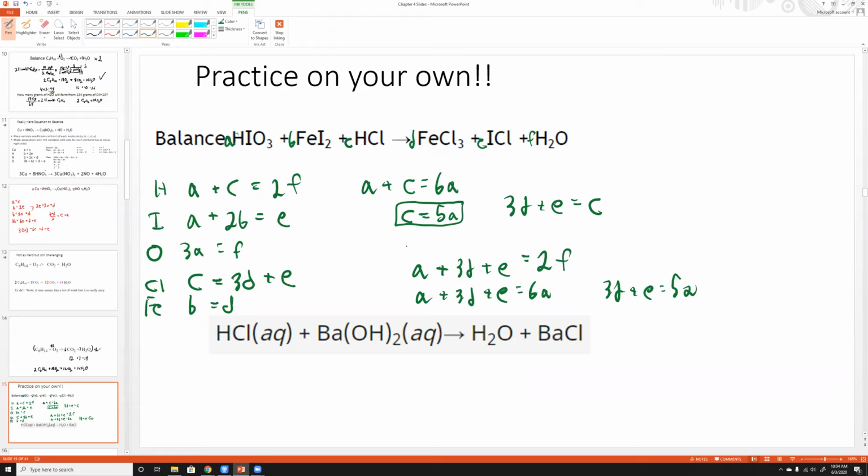And then we know that B equals D, so we can also know that. And then for E, we have to use this equation too.